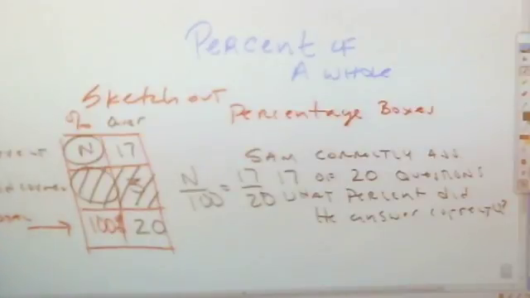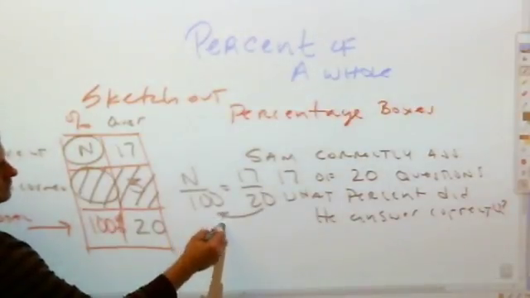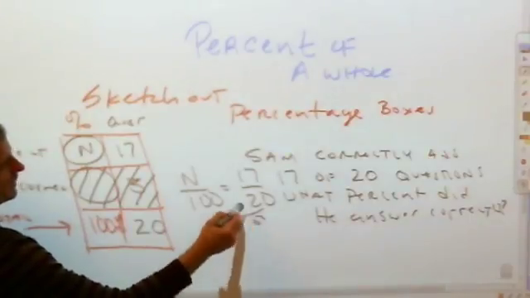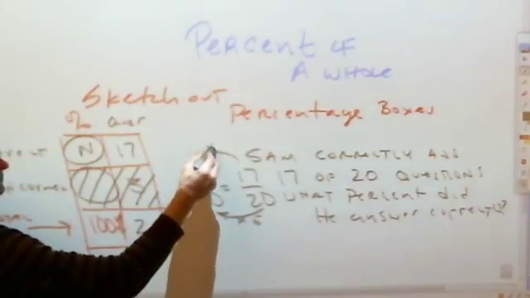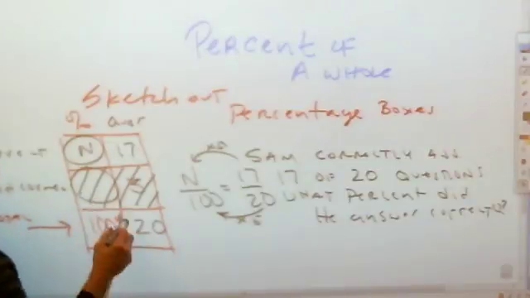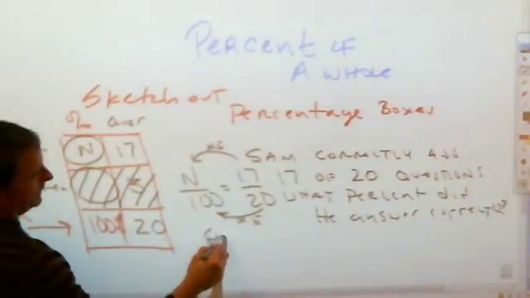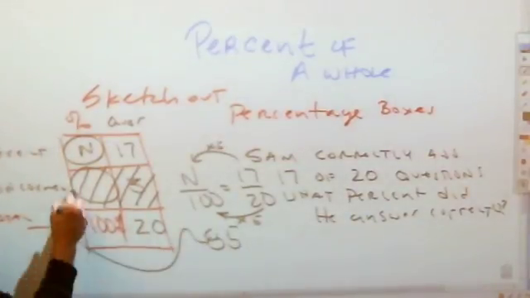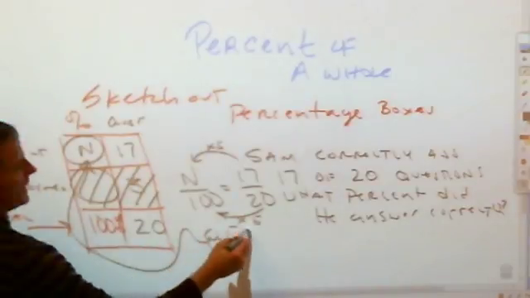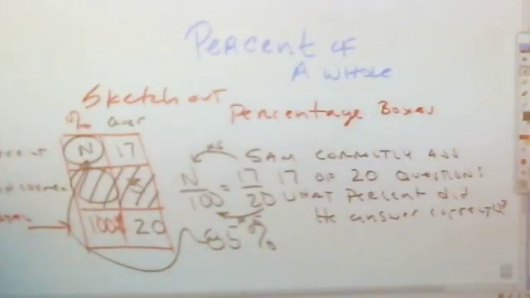Well, 20 times what gives you 100? Times 5. So 17 times 5 is 85. 85% is your correct.